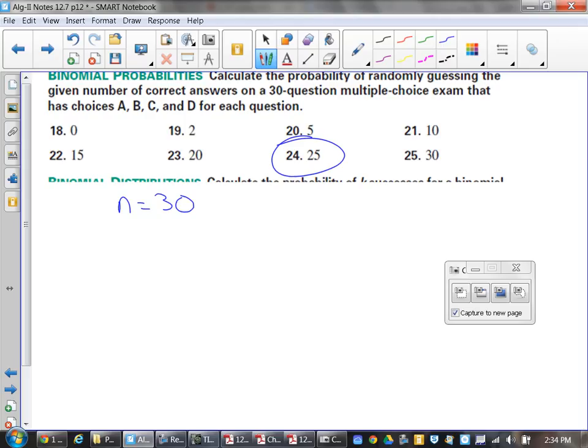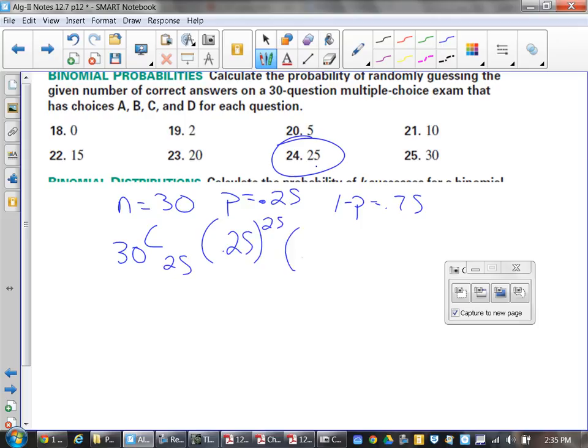Well, if you have 4 choices to randomly guess, what's your probability of success? 0.25. So your p-value is 0.25. What's your 1 minus p then? 0.75. And if you want 25 successes, all that formula did was 30 choose 25, 0.25 to the 25th, and then the other one is 0.75. Well, what do you have to add to 25 to make it 30? 5.